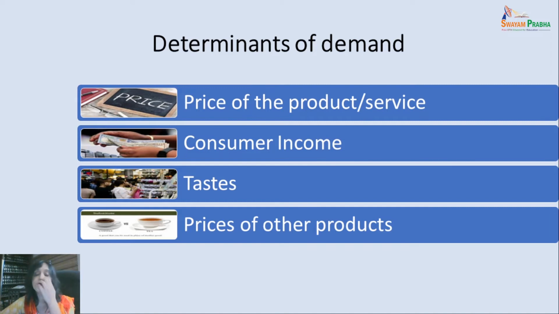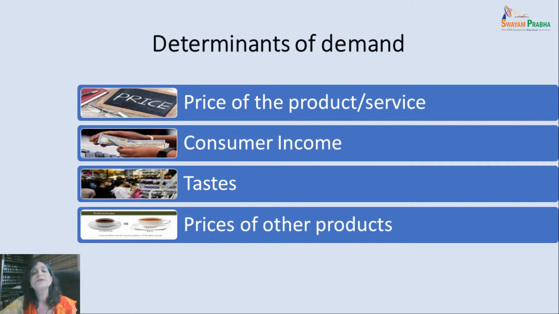The other type of product in question are the substitutes. What are substitutes? When we are using one product instead of another. Let us say tea and coffee, or one brand of biscuit compared to another brand of biscuit. So if the price of one changes, or let us say it becomes cheaper, automatically people may like to shift to the other product.